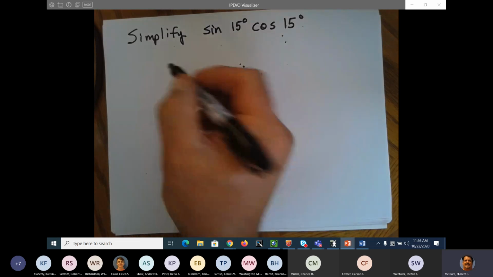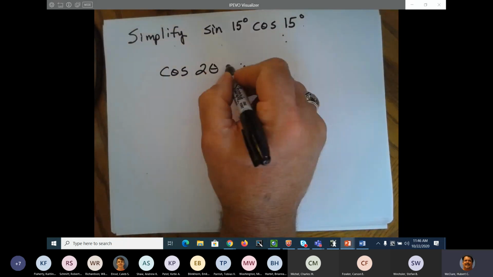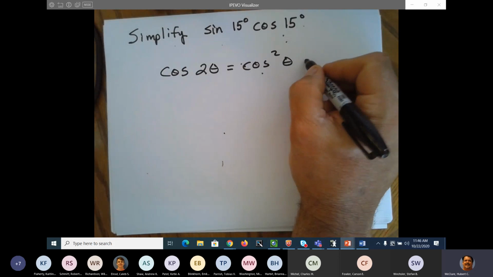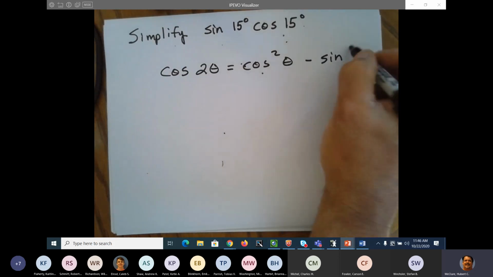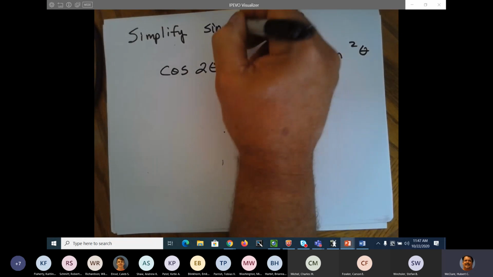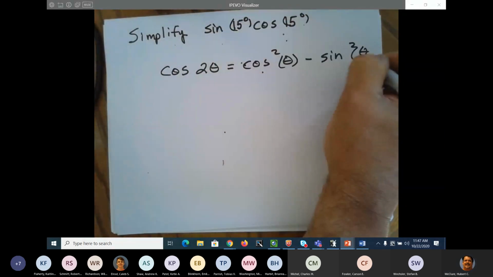So the cosine of 2 theta is equal to cosine squared theta minus sine squared theta. So we know theta is equal to what? 15.